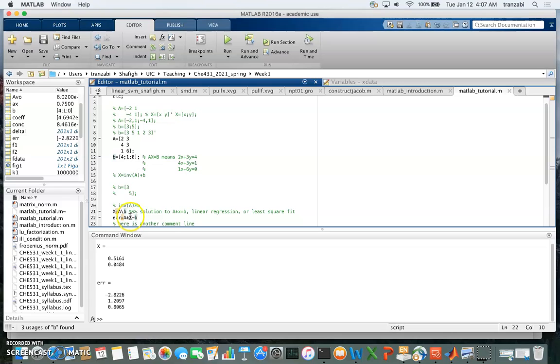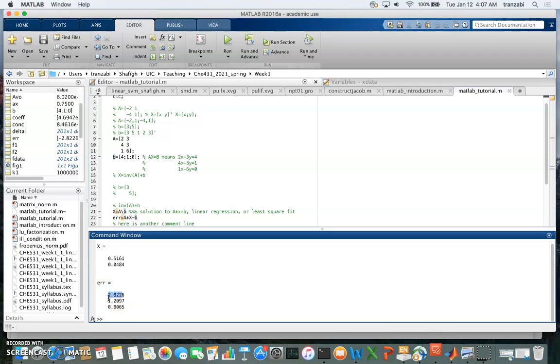Now x is approximate, so ax minus b is not 0, and you see that for every equation you get an error. With this approximate solution, this error is minimized in the sense that if you square the first one, the second one and the third one, and then add them up, the total error will be minimum.